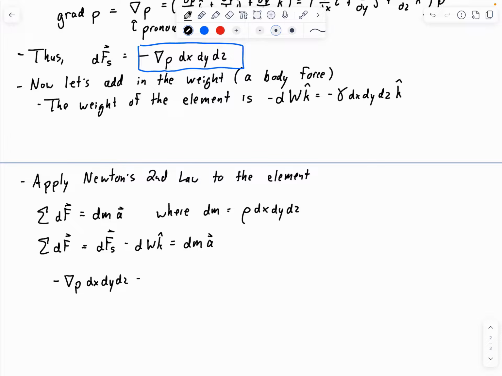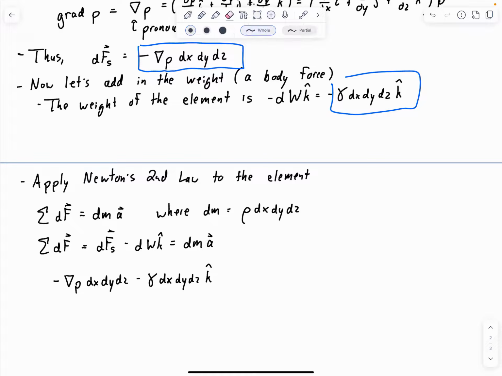minus, and what comes next is, of course, our body force right here. So minus gamma dx dy dz in the k direction. And this is equal to our expression for mass times acceleration. So that's right above here.